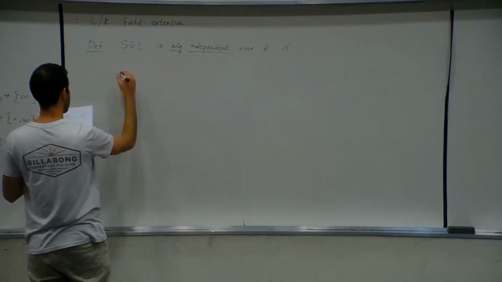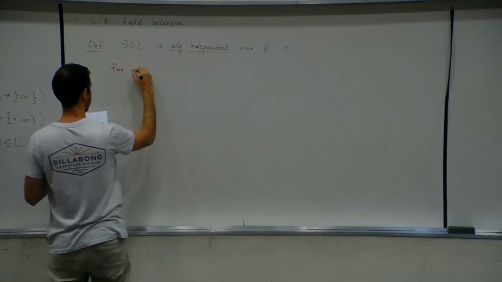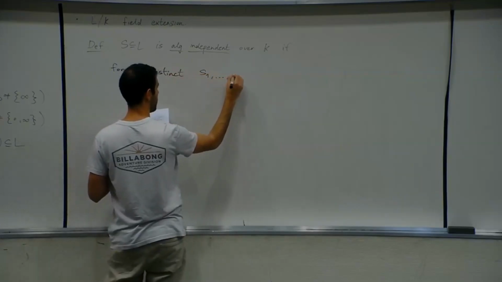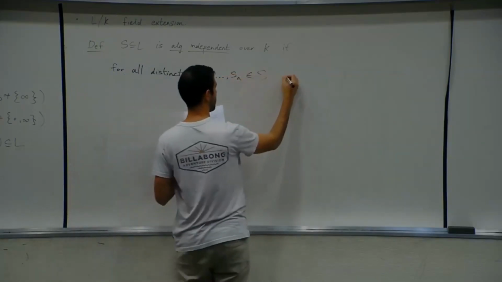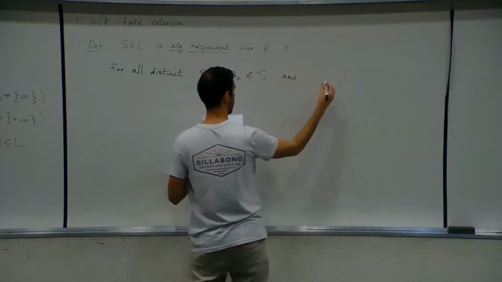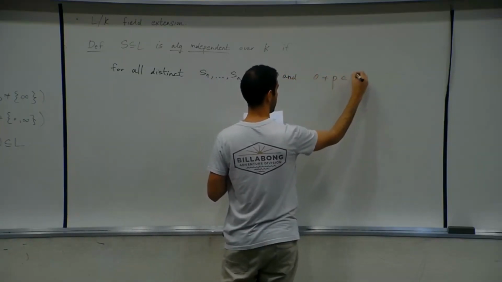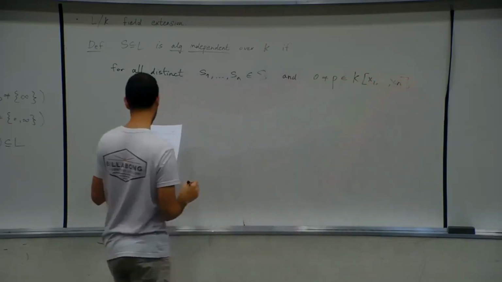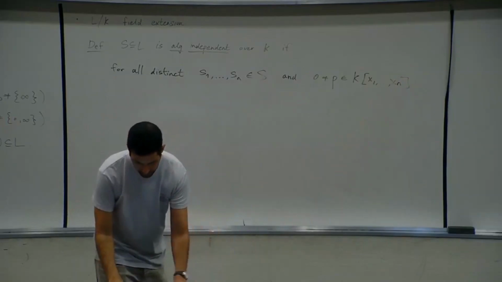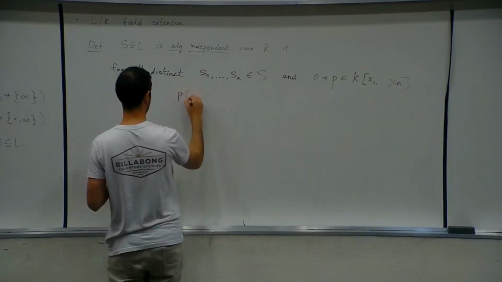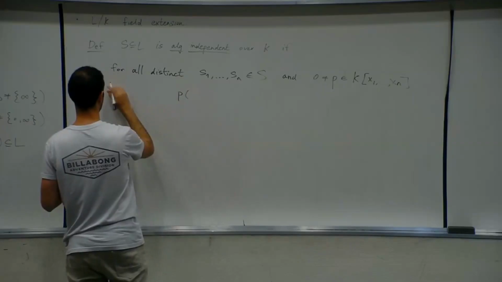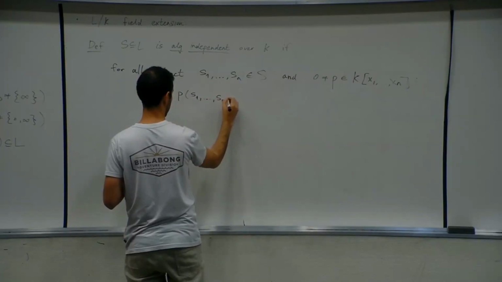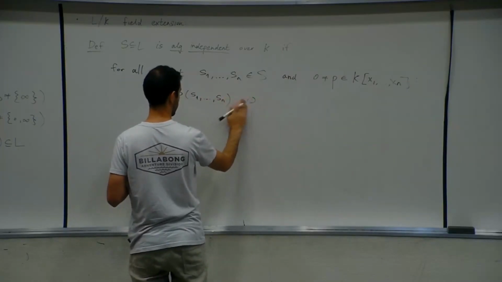So S is algebraically independent if for all s1 to sn in S and every non-zero polynomial P in K[x1,...,xn], P(s1,...,sn) is not zero.